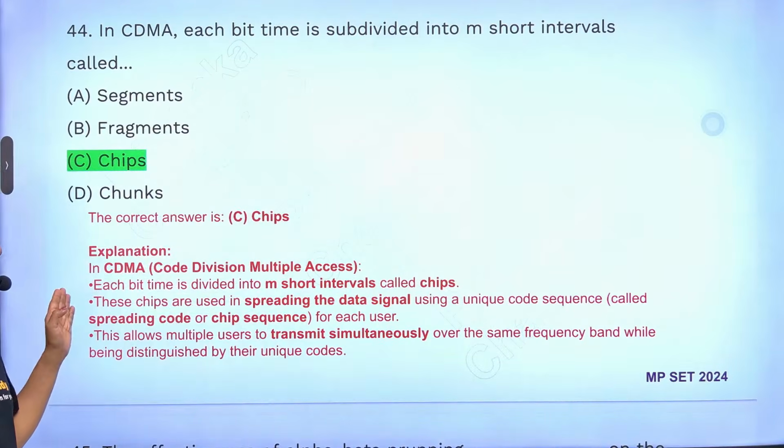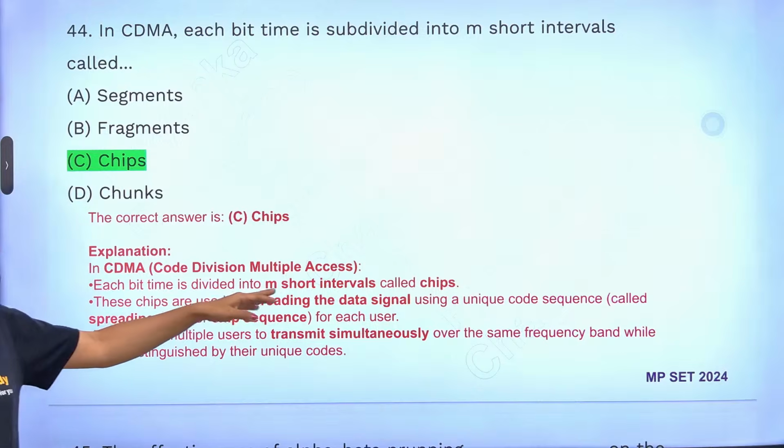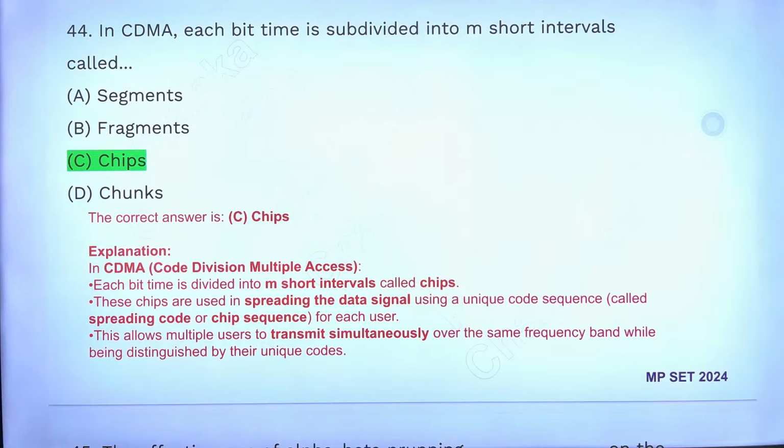Each bit time is divisible into m short intervals, and the name is chips. These chips are used for spreading the data signal using a unique code sequence, spreading code into chip sequence, and allow multiple users to transmit simultaneously over the same frequency band while being distinguished by each unique code.